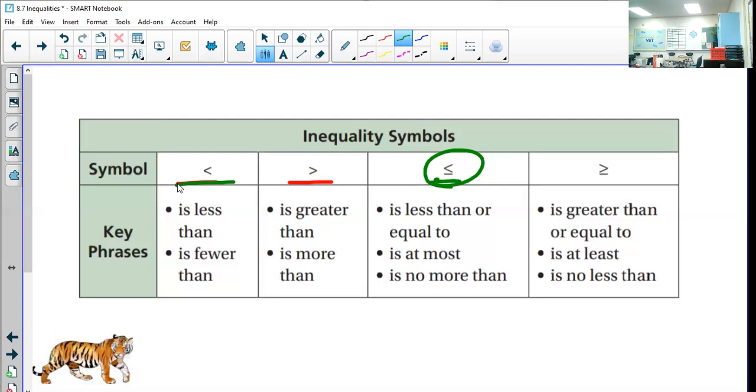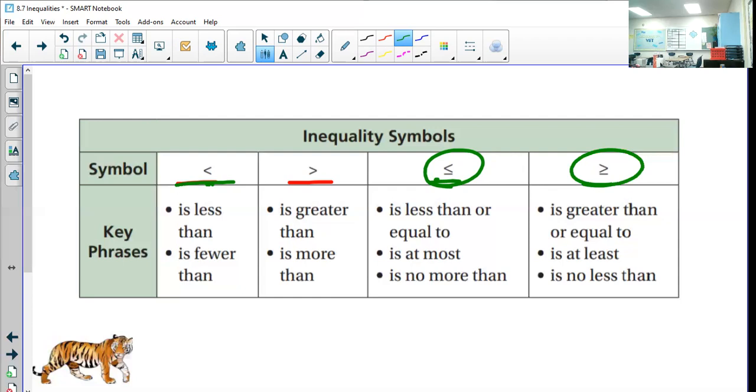If it's less than, your answer is less than whatever you're talking about. If you've got the little line underneath, it could be less than or it could be equal. And the opposite side of that is greater than or equal to, is at least, or is no less than.